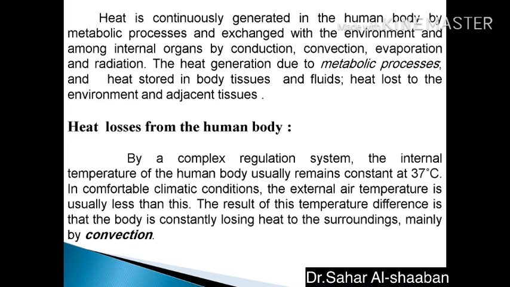The heat generation due to metabolic processes and heat storage in body tissues and fluid, and heat lost to the environment and adjacent tissues. Heat loss from the human body is controlled by a complex regulation system. The internal temperature of the human body usually remains constant at 37 Celsius.